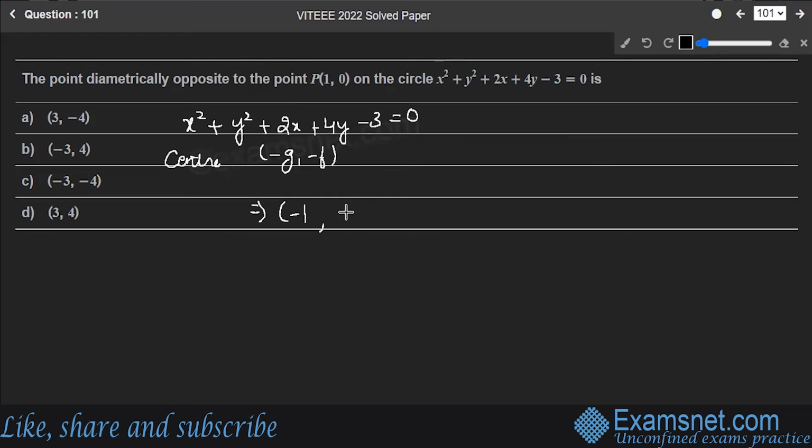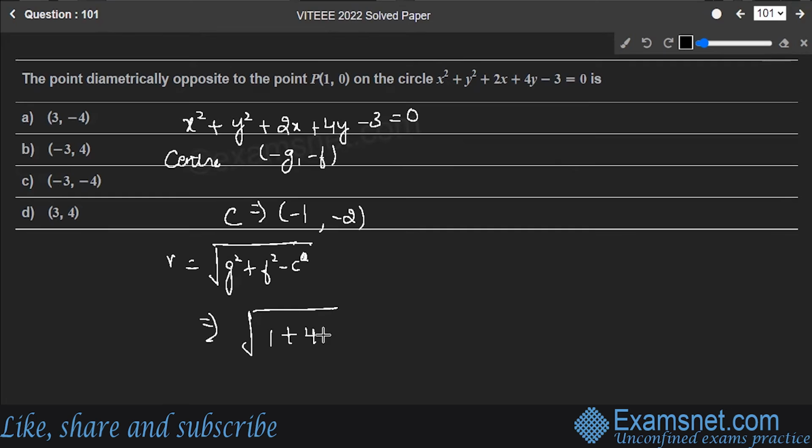And f is half the coefficient of y, so this is equal to minus 2. This is the center. Radius is root of g square plus f square minus c, so that is equal to root of 1 plus 4 plus 3, that is equal to root of 8.